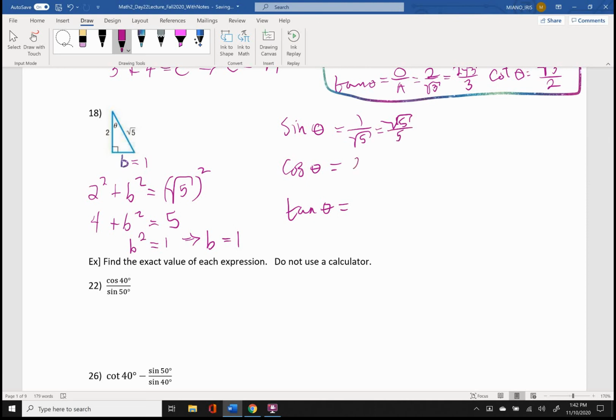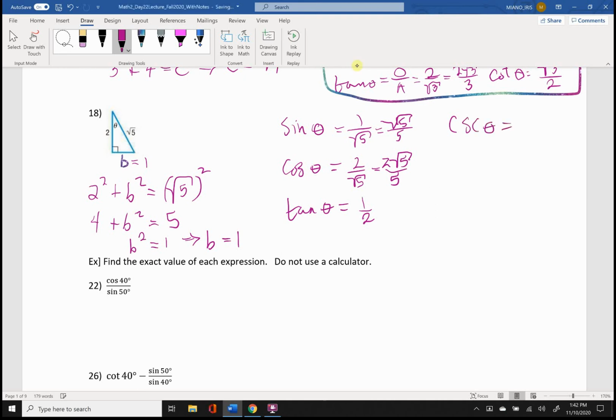Cosine is 2 over root 5. Rationalize yet again. 2 root 5 over 5 will be what you get there. And the tangent will be opposite over adjacent. So that'll be 1 over 2. Cool. Relatively quick and easy with this one, I think.